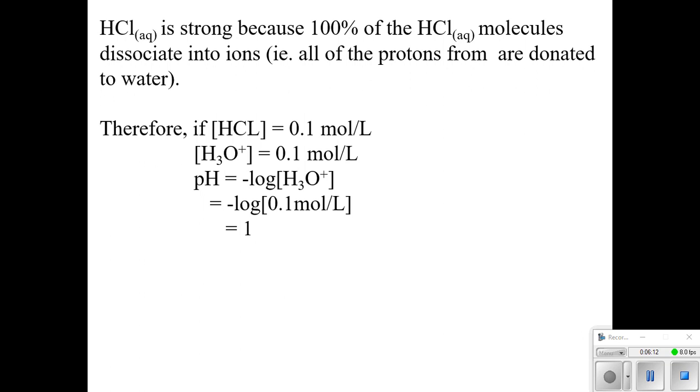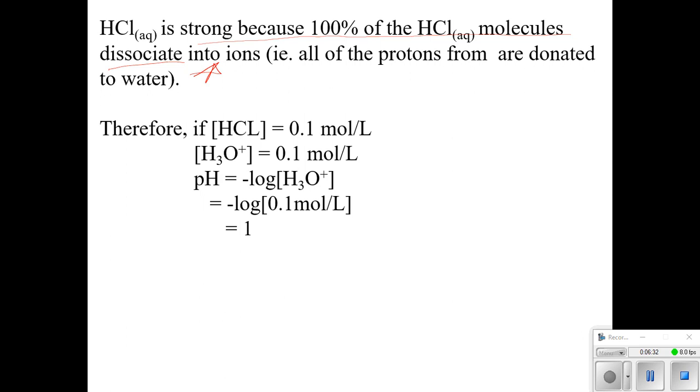So let's take a look at some calculations and how that works out. So this is your definition of a strong acid. Strong acids, they dissociate 100%. 100% of the molecules dissociate. You should remember that. That is our definition of a strong acid.